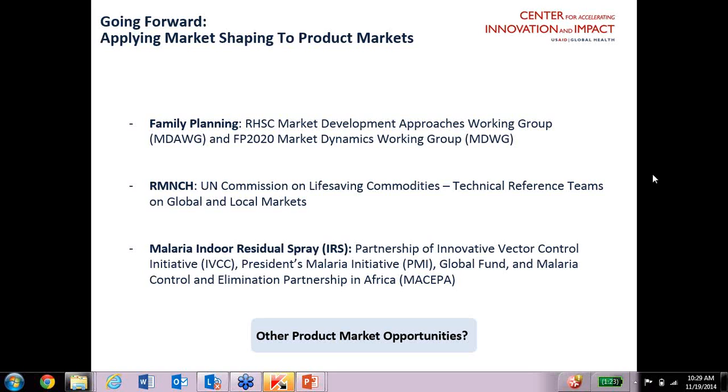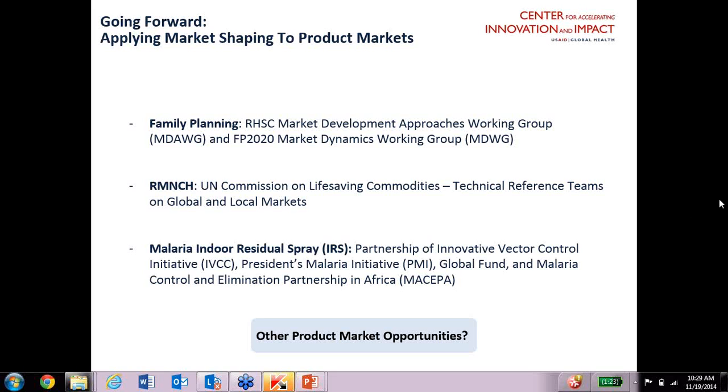I think total market approach is closely linked, and it's an important process of thinking about different types of markets, especially in family planning. And it's really looking at how do we make sure that we've engaged all of the potential channels in the family planning market. So the for-profit commercial sector, the nonprofit private sector, as well as the public sector.